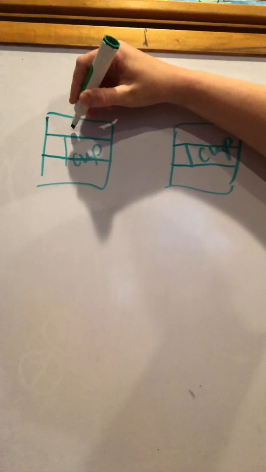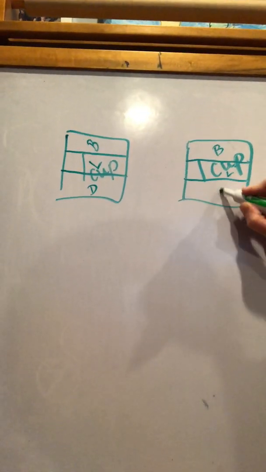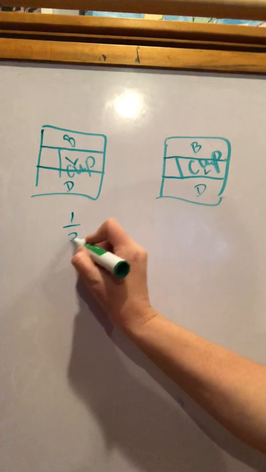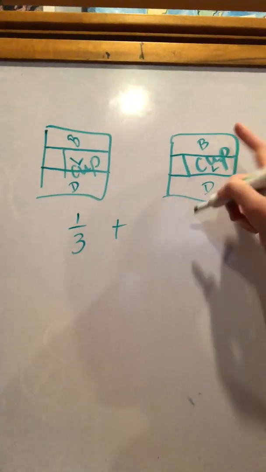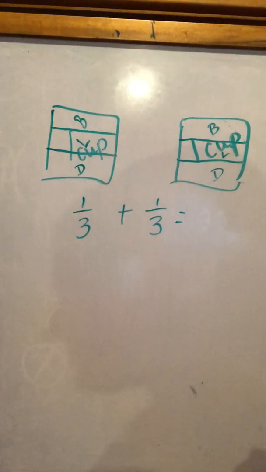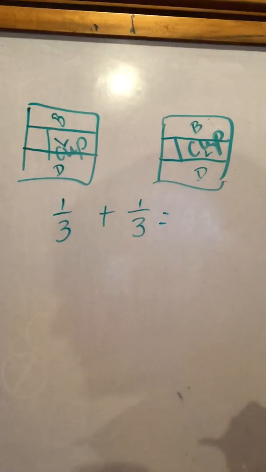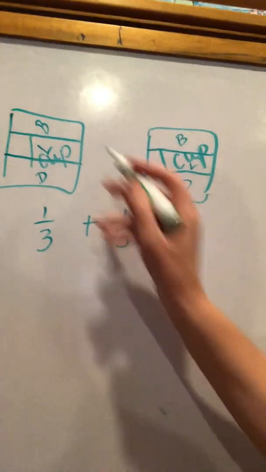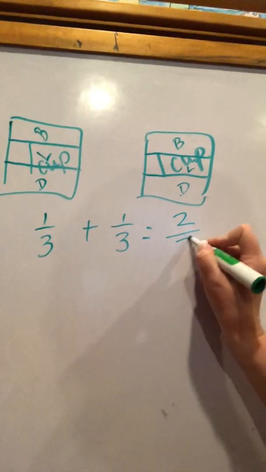So this would be his breakfast, lunch, and dinner. Now, when I combine these, I have 1/3 from this cup plus 1/3 from this cup, which equals, we haven't gotten into fractions really yet, right? But 1/3 plus 1/3 is 2/3.